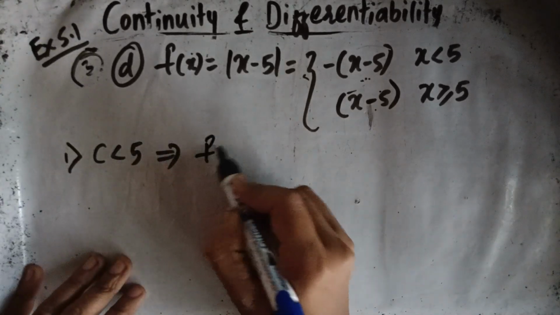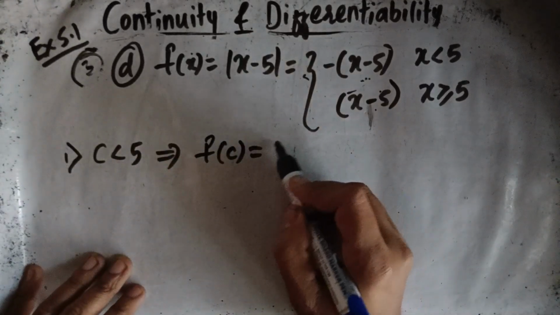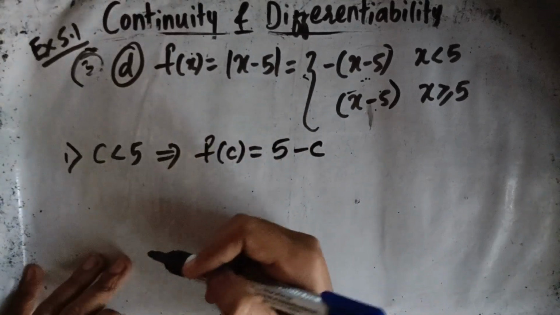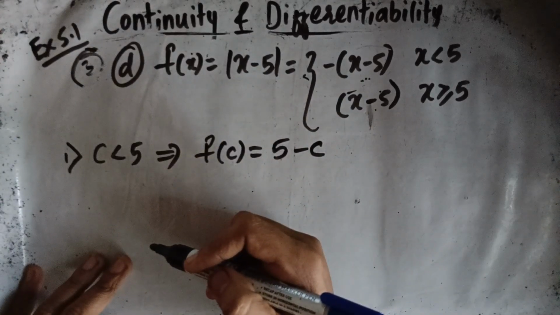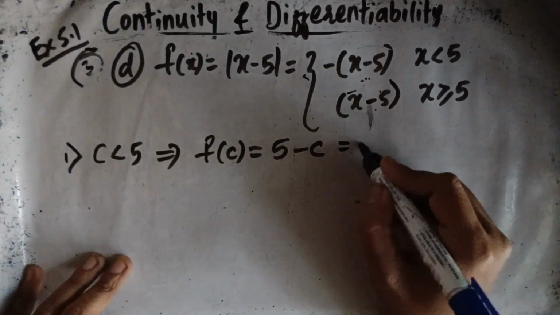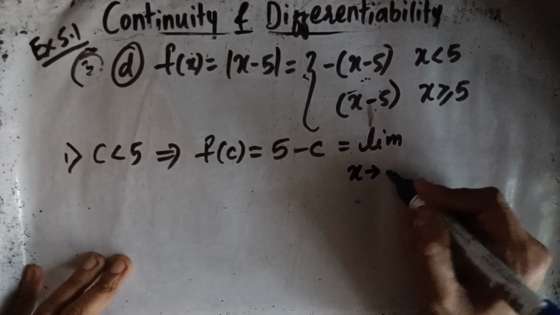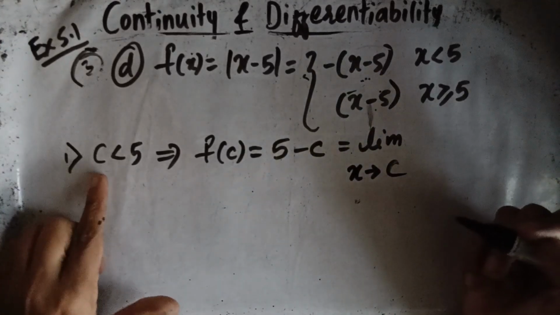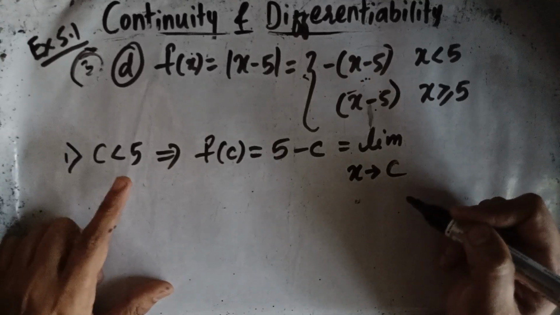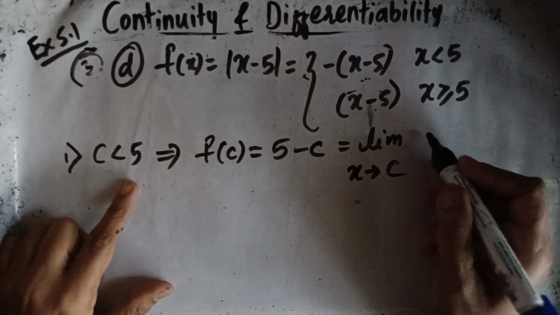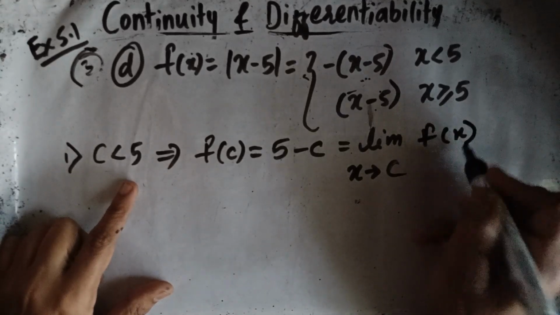So we have f of c as 5 minus c, which is the same as the limit as x tends to c, where c is less than 5, of f of x.